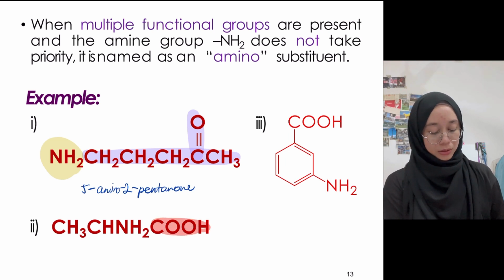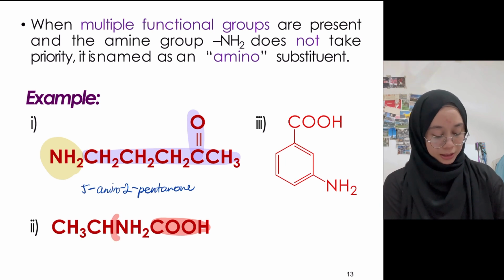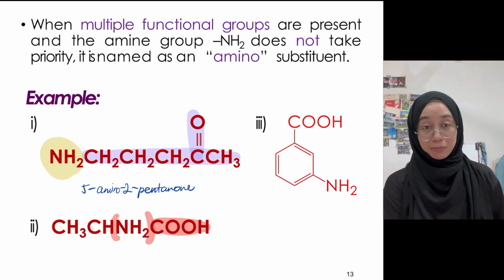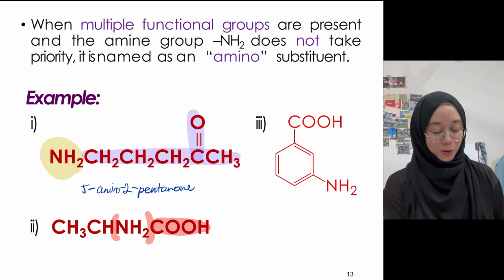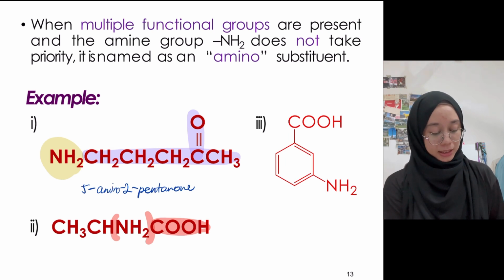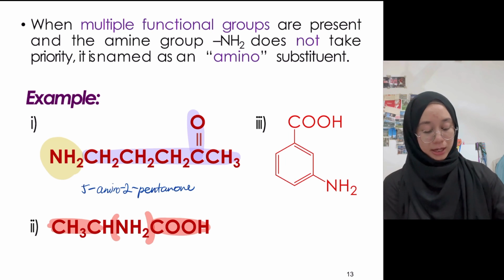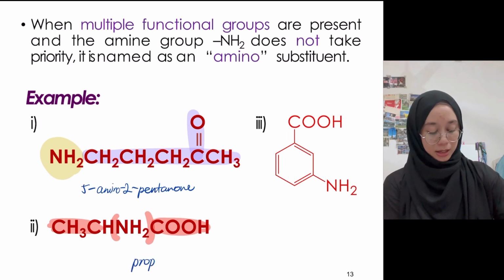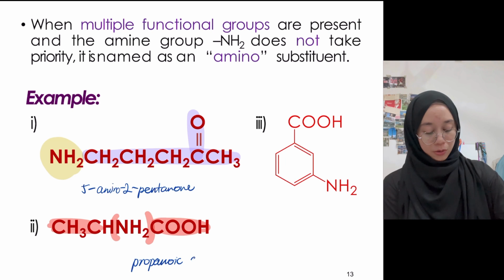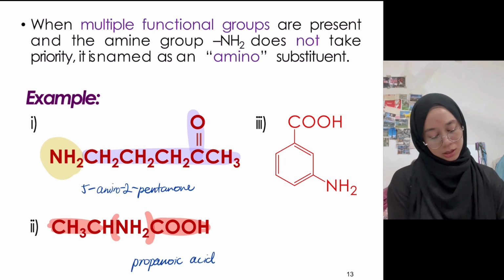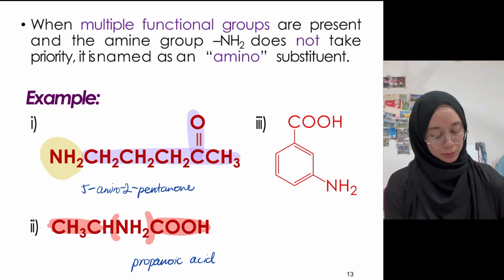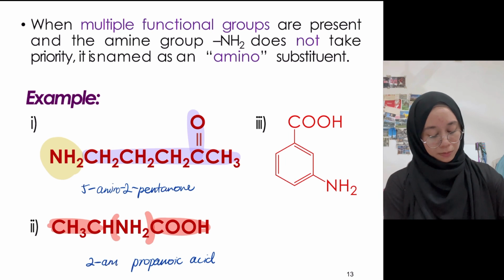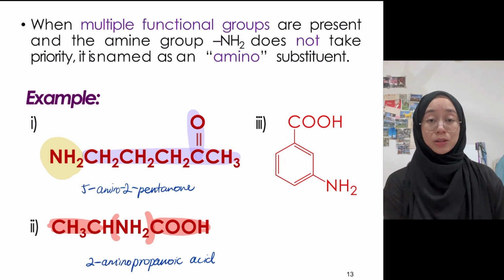So COOH ni attach kepada lagi 2 carbon dekat sini, ada invisible bracket yang kamu tak nampak, bermaksud nama parent untuk yang ni adalah propanoic acid. So kita punya amino tu attach kepada carbon number 2, so 2-amino propanoic acid. So this is actually amino acid sebenarnya.